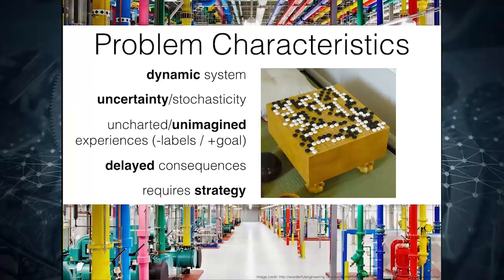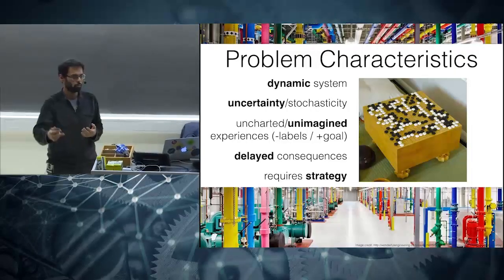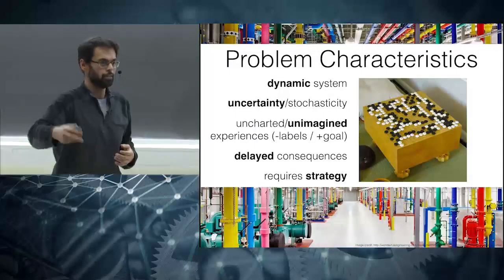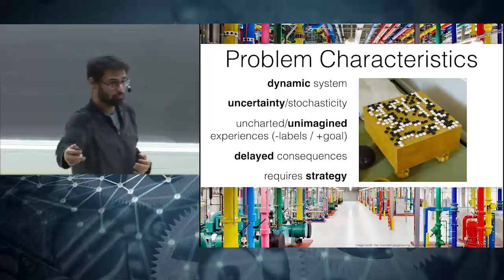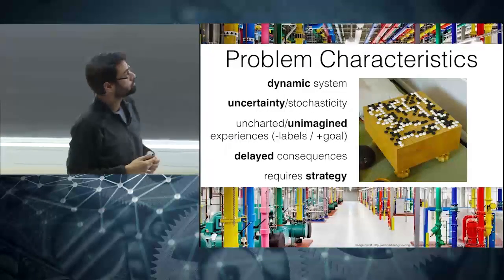So to solve those kinds of problems, the problems need to be RL friendly. And some of the characteristics of the problem that make them RL friendly are these. You can think of these problems as sequential decision-making problems, just like games are, where you have to make moves over time and you get feedback somewhere down the road in the future.